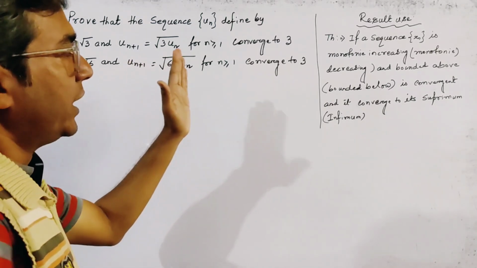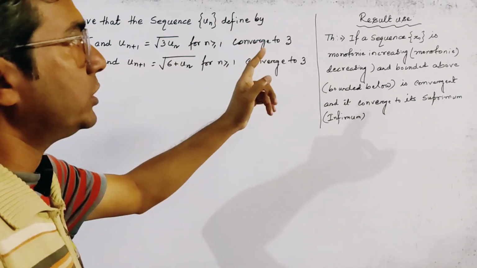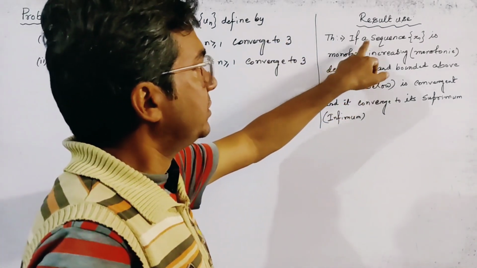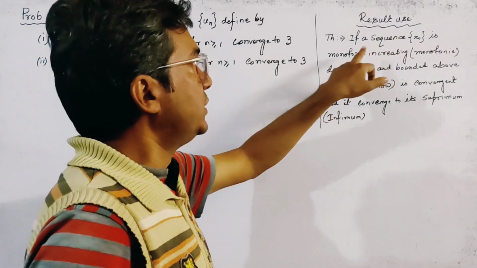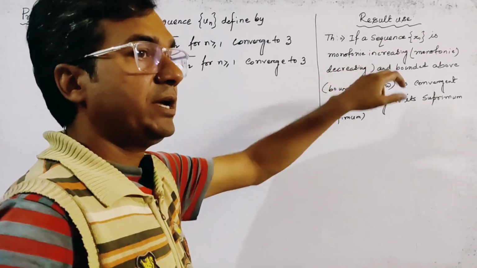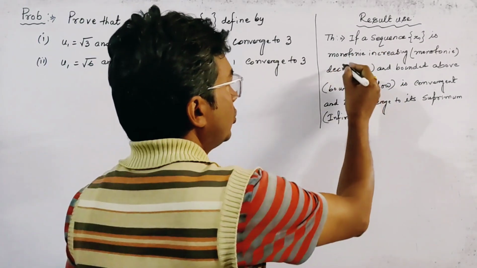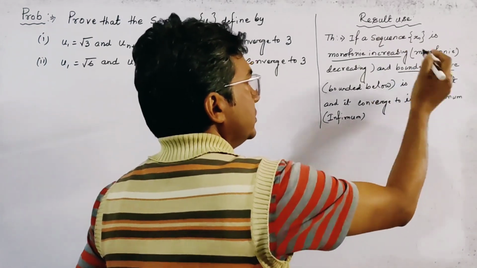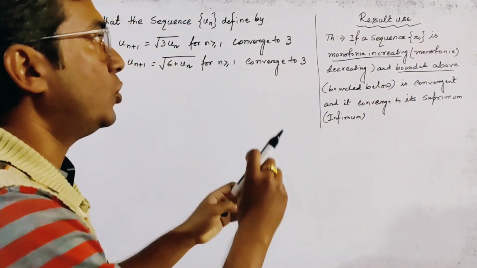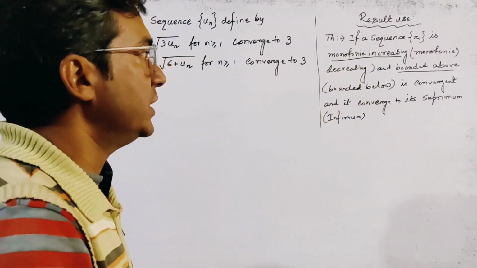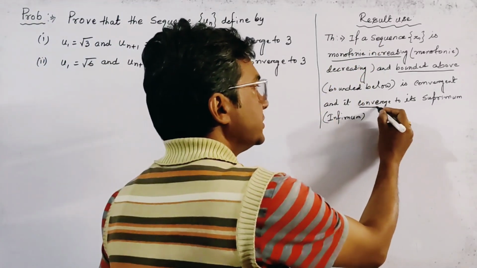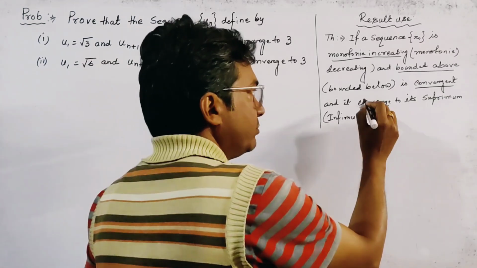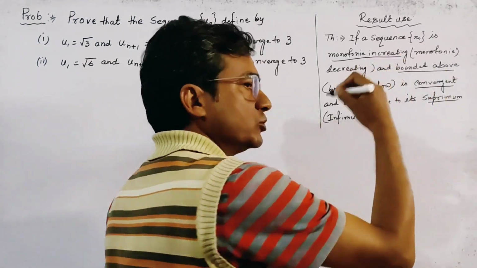Here we use an important theorem of real sequences. If the sequence x_n is monotonic increasing and it is bounded above, if we are able to show these two conditions for the sequence, then it must be convergent, and it converges to its supremum also.